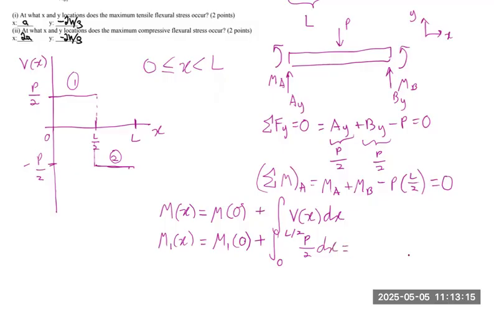And of course, this integral will be equal to M10, which is basically MA, since we start with a moment here because if we break this free body diagram and just look at the system as the beam, there is going to be a moment applied at each end since each end is fixed. Note that this is not going to be the case if the end is a pin.